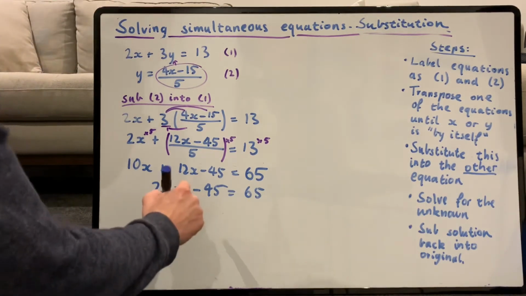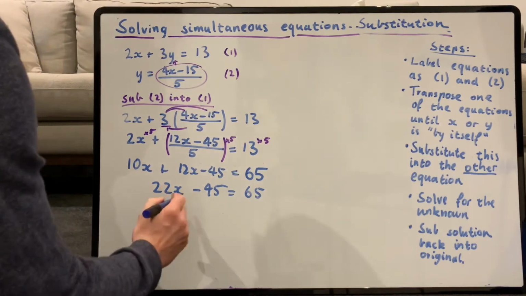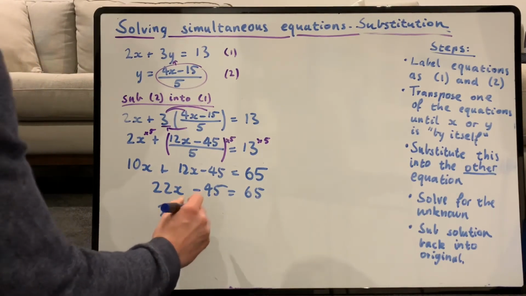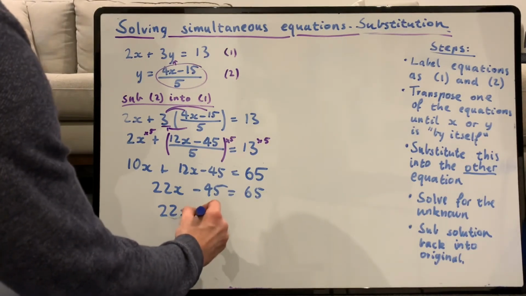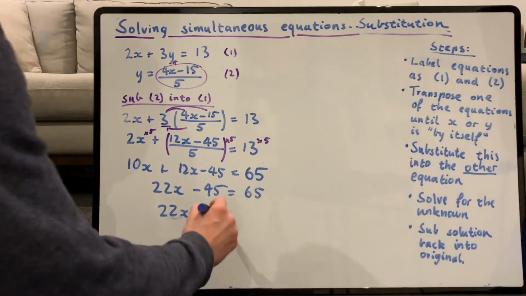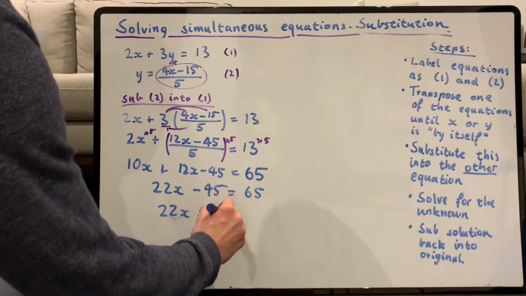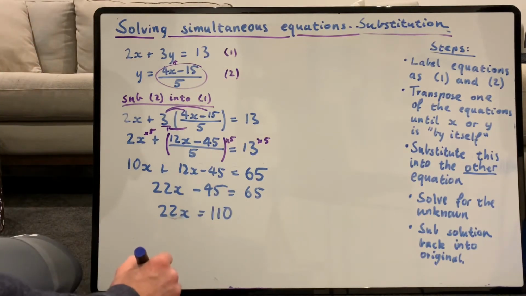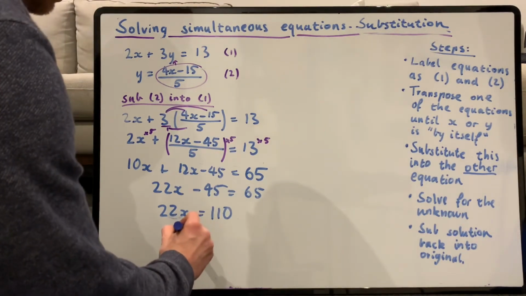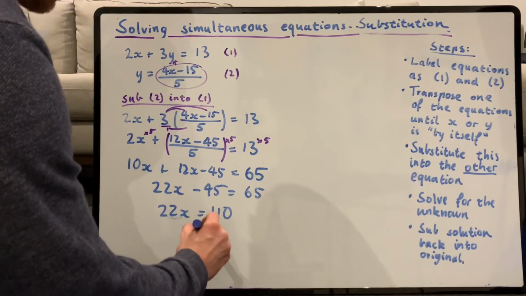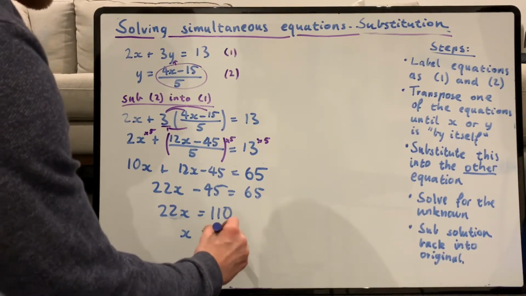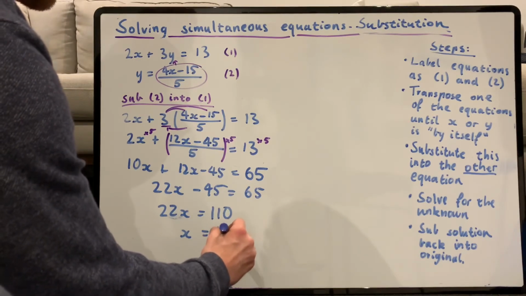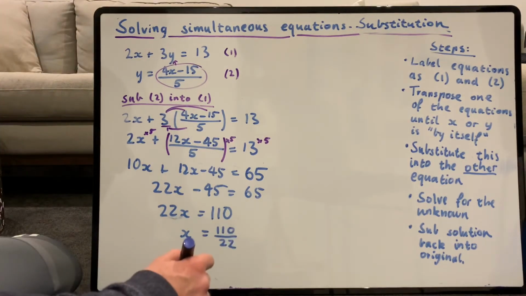And we add 45 to both sides, which gives us 110, I believe. And x equals 110 on 22.